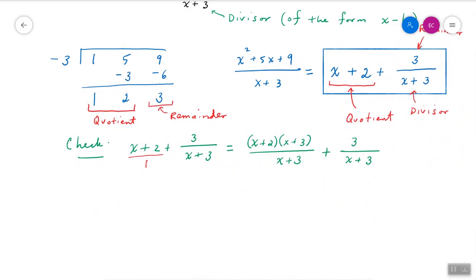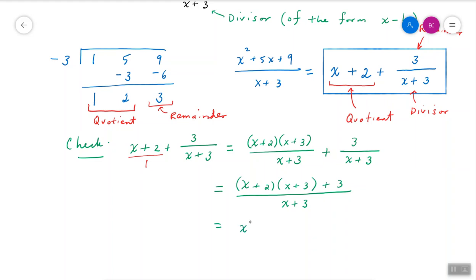Now we have a common denominator, and so we can just add the two numerators together. We'd have x plus 2 times x plus 3 plus 3 all over x plus 3. And just one more thing, let's go ahead and multiply this out.